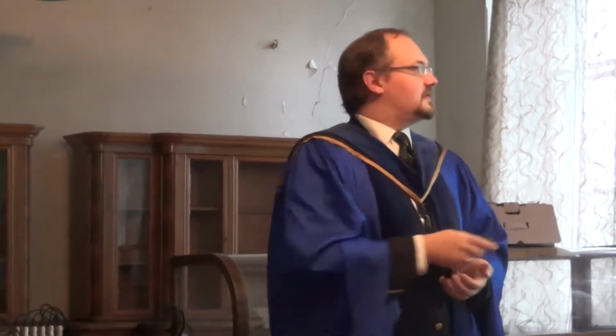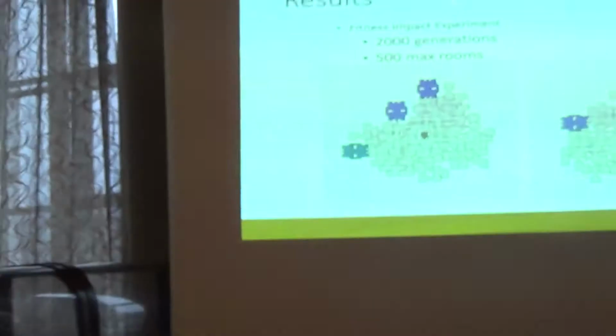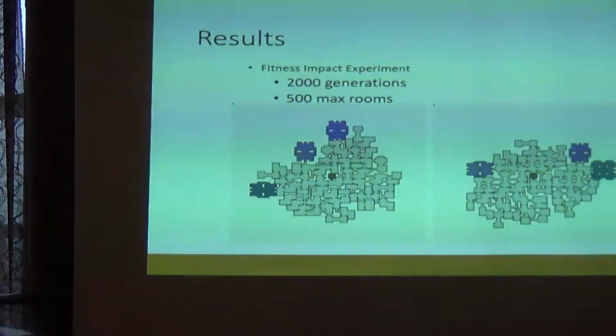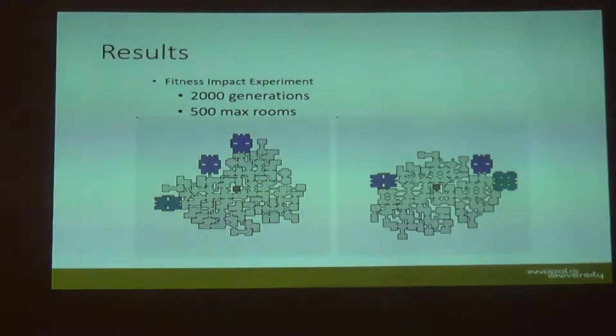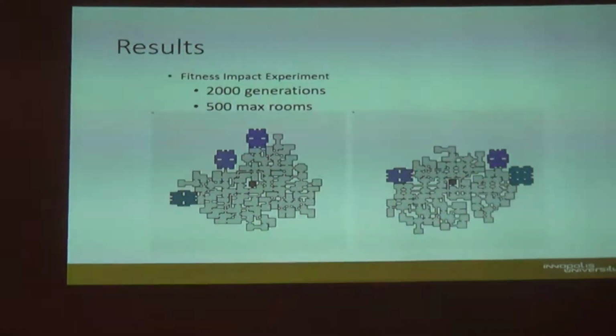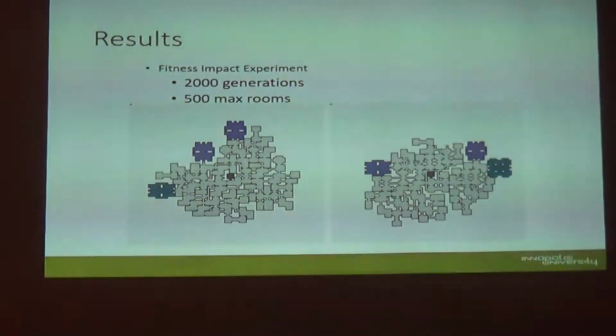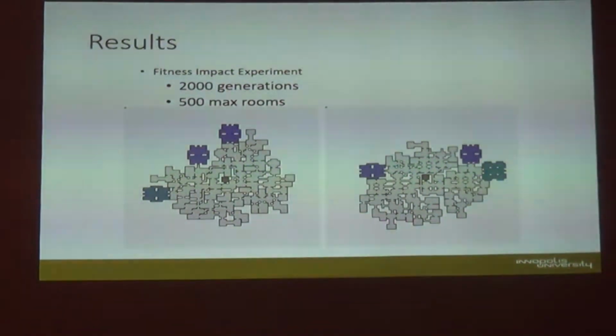If you develop your level with this in mind, you can then easily run A star over it and these types of systems. Okay? So here are the results of some of our early work on this. What we were trying to do was create a fitness that said keep short, tight, compacted groups of rooms, make hallways between them.